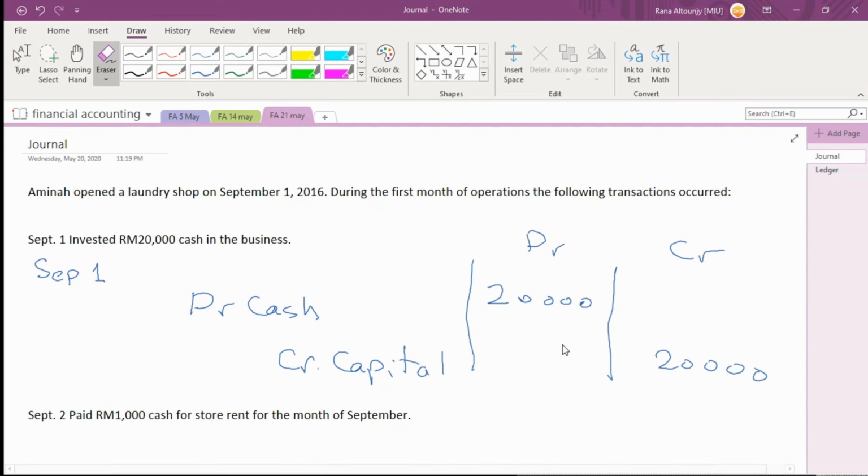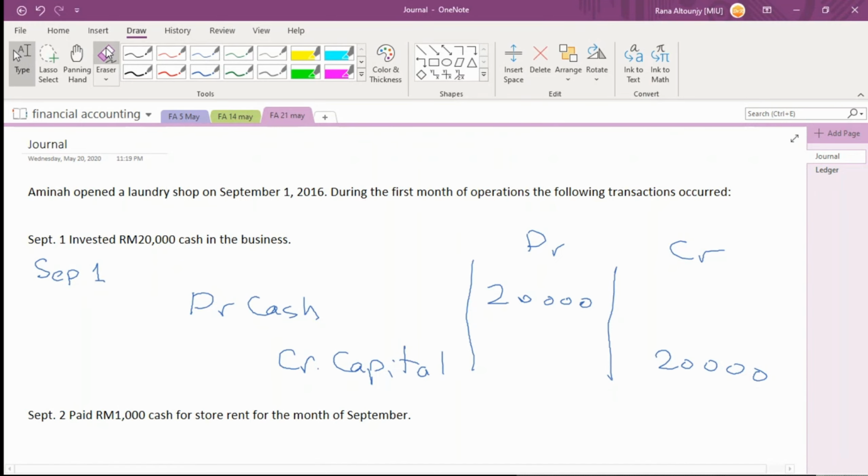Did you see how we can write that transaction? So like this, we can write our transaction clearly. We need to put in the transaction the amount.